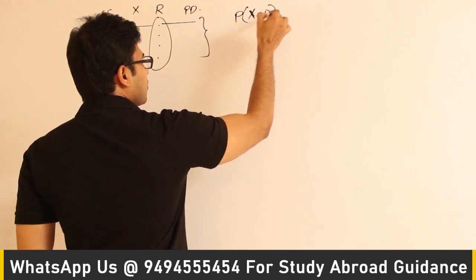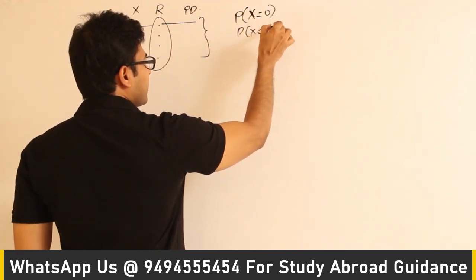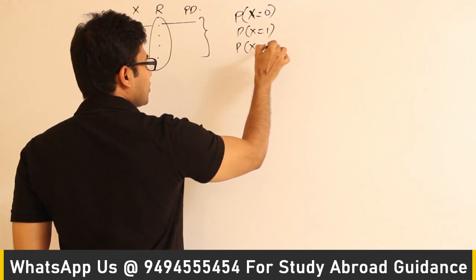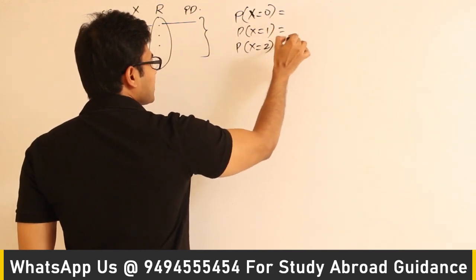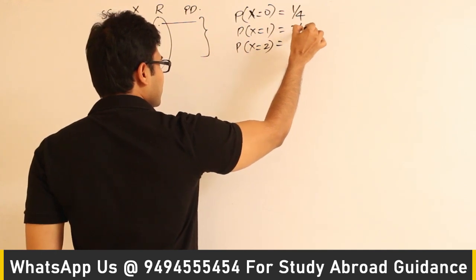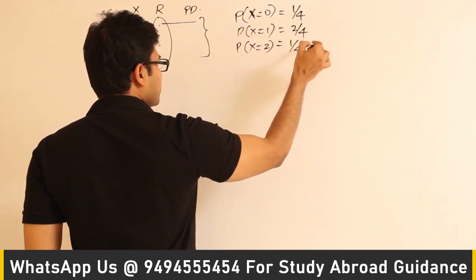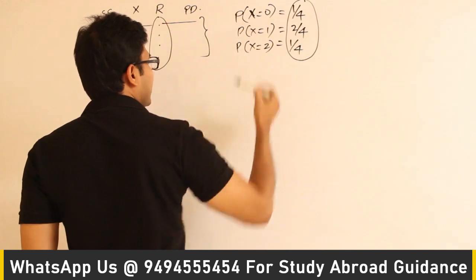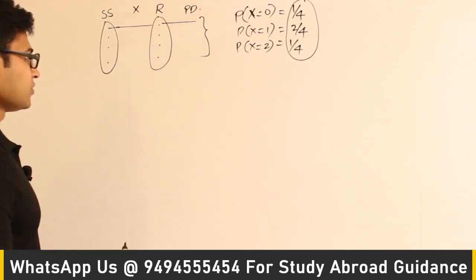X can be 0, 1, or 2. The probability that X is 0 is 1 by 4, X is 1 is 2 by 4, and X is 2 is 1 by 4. When I add them all up, the sum was 1, right?